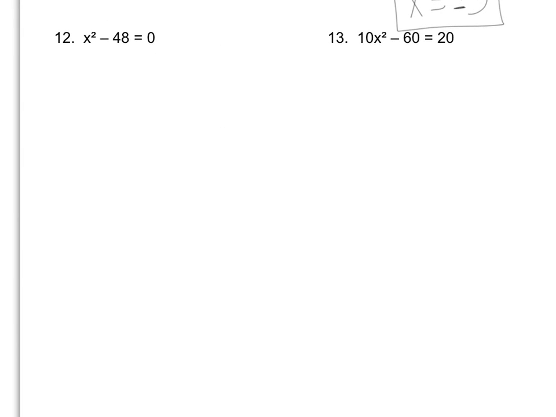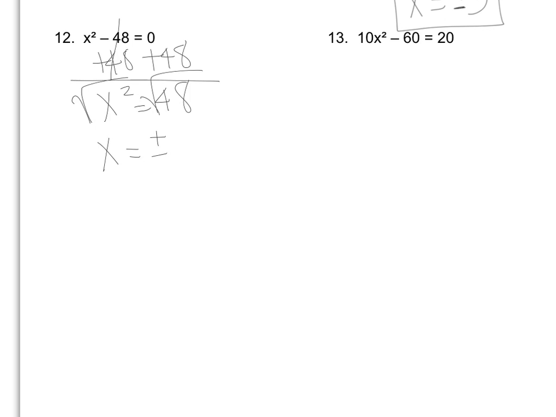Okay, looking at number 12. Add 48. And then we're taking the square root of both sides. Positive and negative. Now, notice right here, square root of 48. The other 2 have been perfect squares. 48 is not a perfect square, so you will have to use your factor tree. 2 times 24, 2 times 12, 2 times 6, and 2 times 3.